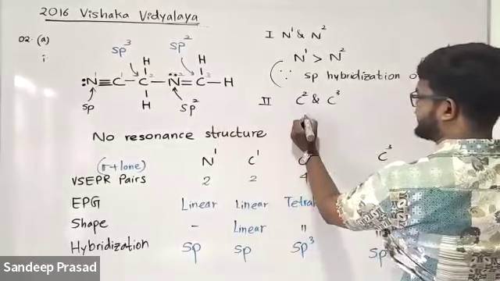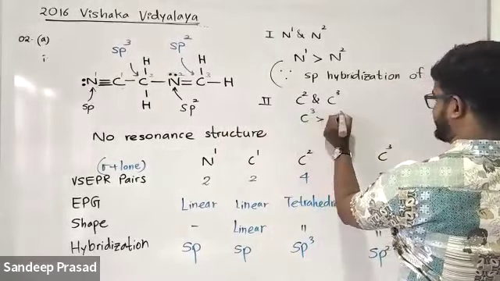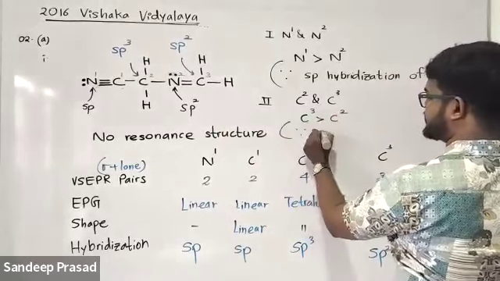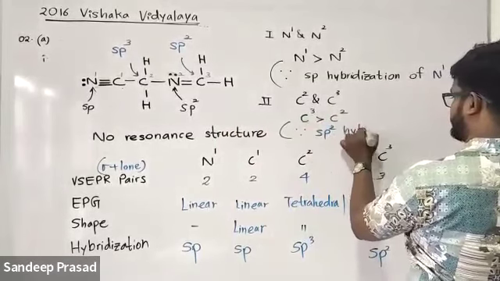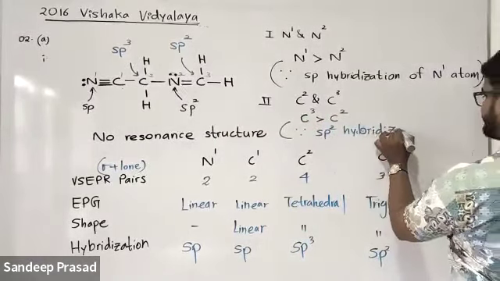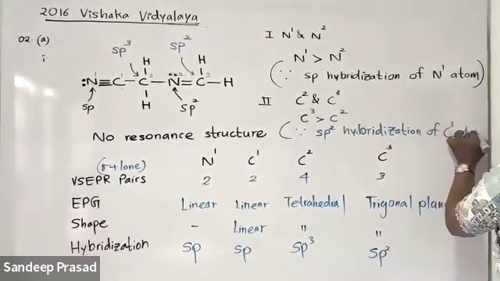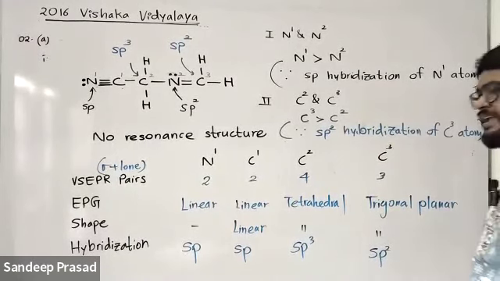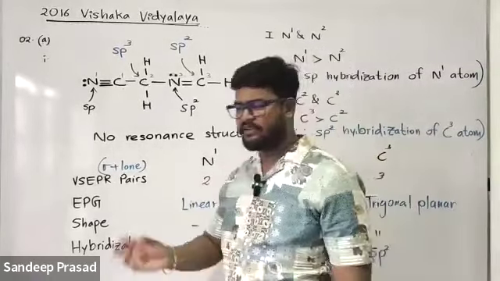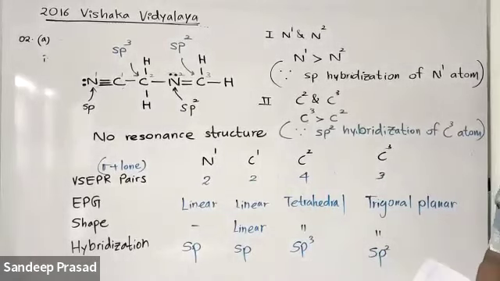So we can say that the third carbon atom is more electronegative than the second carbon atom, because of the sp2 hybridization of the third carbon atom. Easy. You don't have to explain that in detail; briefly, within one sentence, explain it.